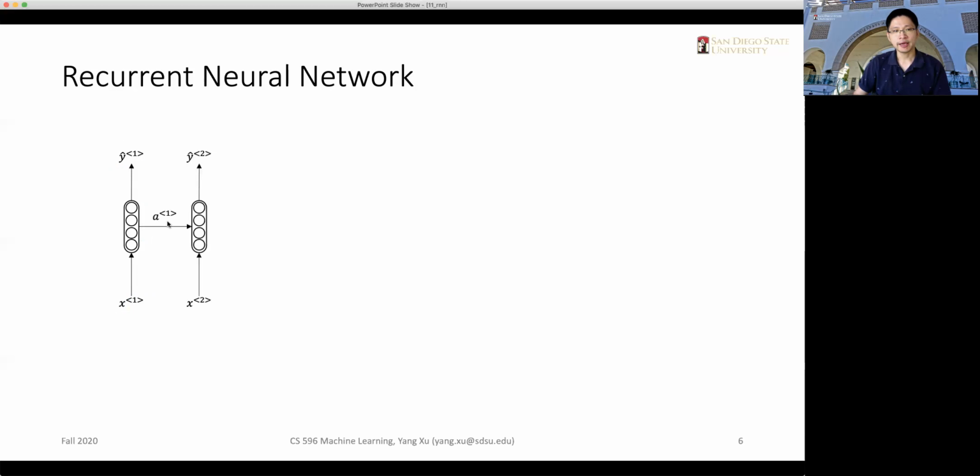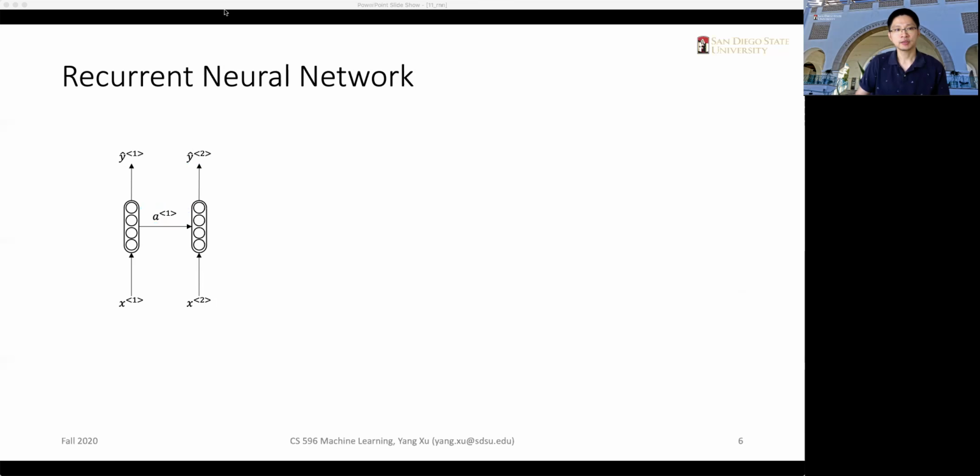So the activation a1, the activation at time step 1, is carried on to the second time step. So when we compute the second time step, we need to use the activation from the previous time step and the current input, which is the second word, to compute the prediction for the second label, the second predicted label, y hat 2.